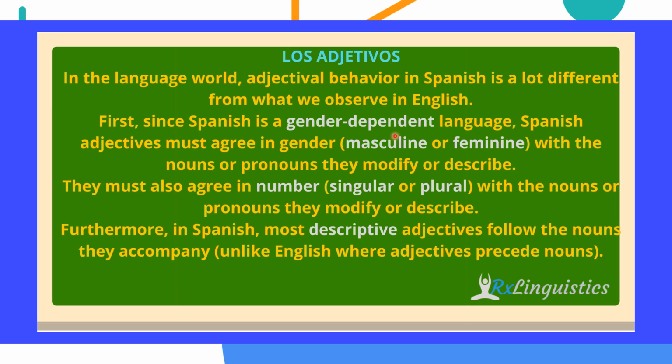But still, there are 2 types of adjectives in Spanish. There are the ones that are called los adjetivos calificativos and the ones that are called los adjetivos determinativos. So today we'll focus on los adjetivos calificativos, which are the type of adjectives that have some intrinsic characteristics. Okay?